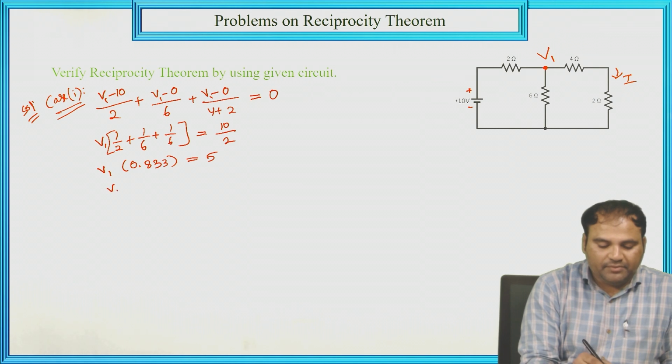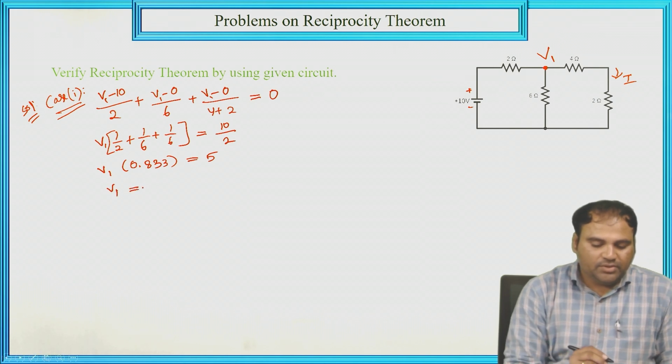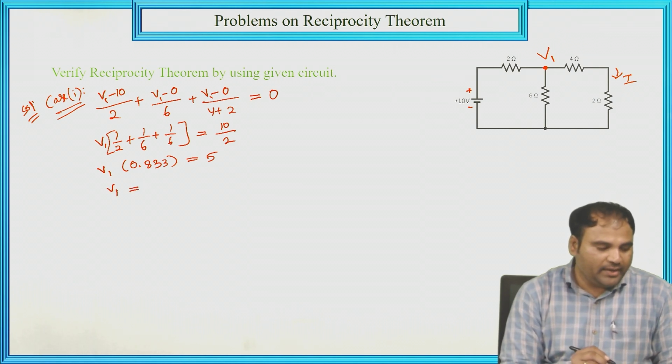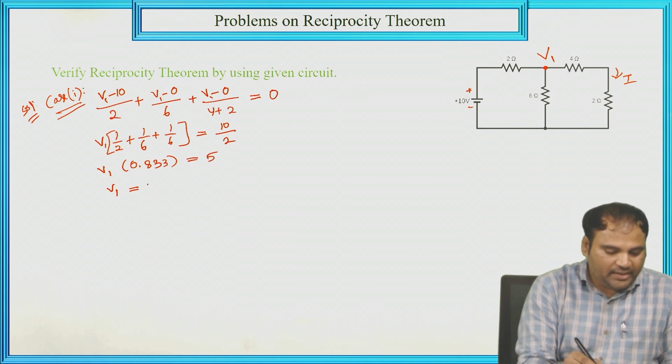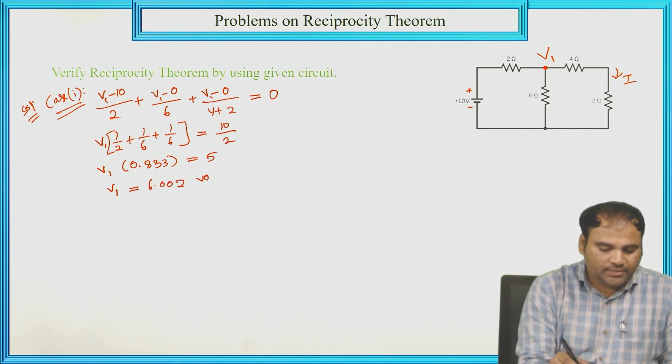After that, V1 equals 5 divided by 0.833, so we get 6.002 volts.